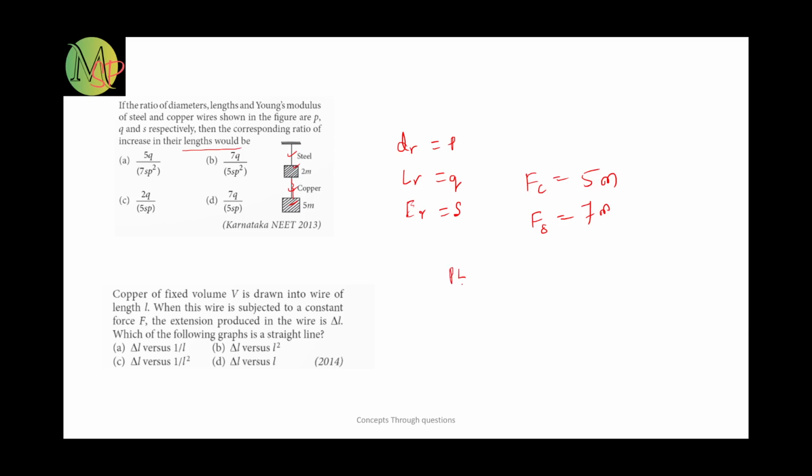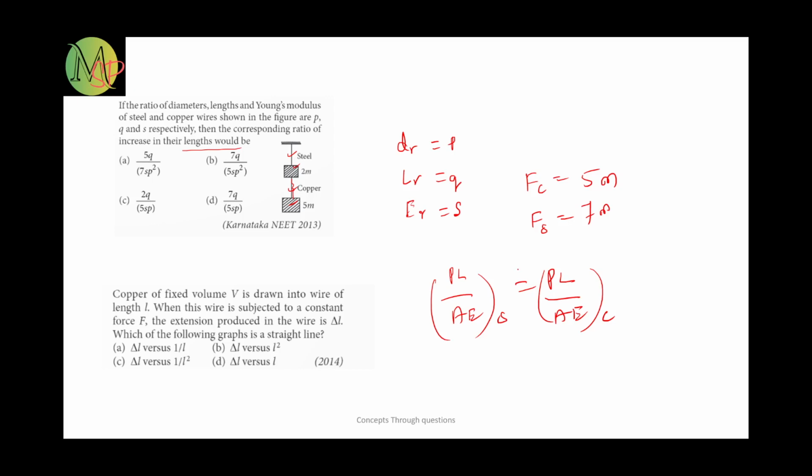This is PL divided by AE for steel, and PL divided by AE for copper, and these ratios you can note down.